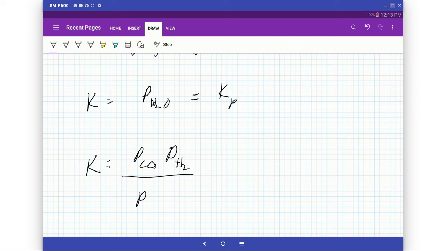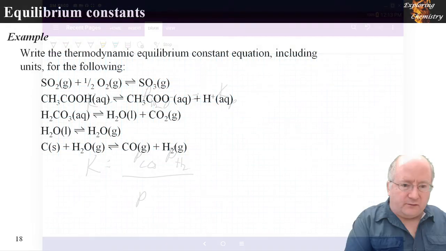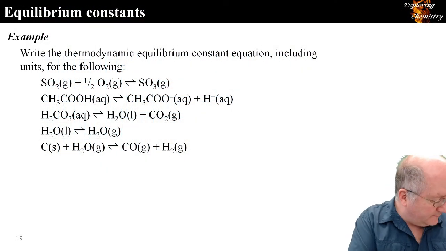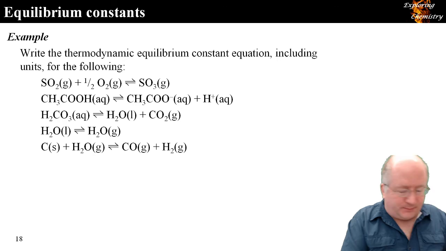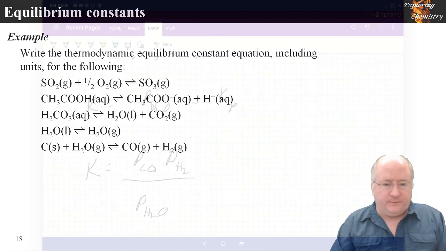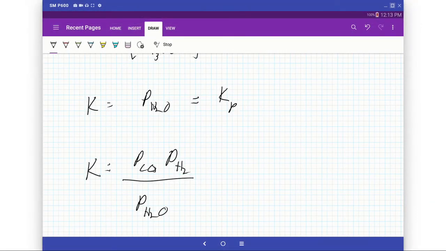What is carbon here? What's the state of matter of carbon? Right. So it's not needed. It's just the pressure of water. Carbon, being a solid, has unit activity, and so it doesn't need to be included in that expression. Good.